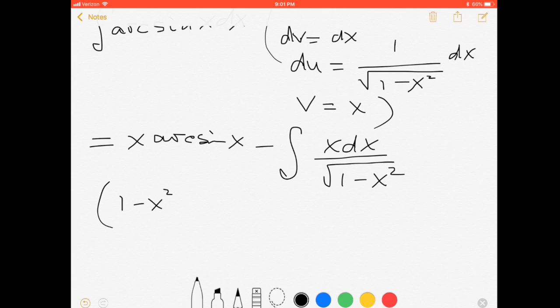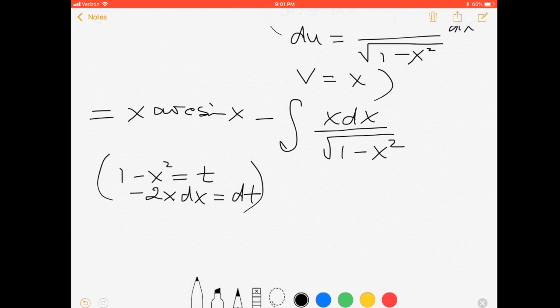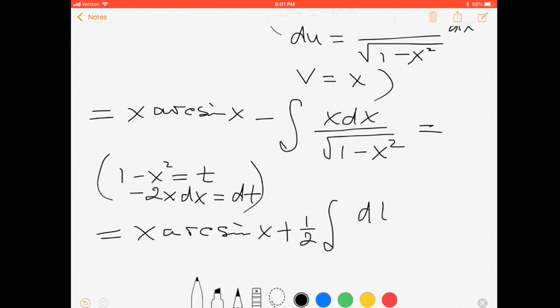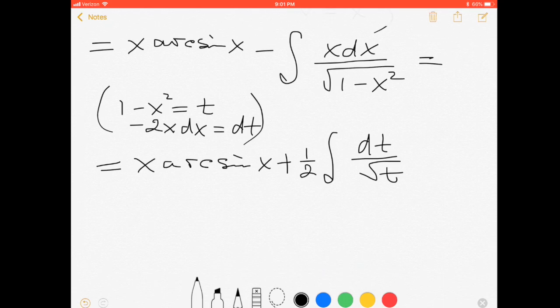For example, 1 minus x squared I substitute with t, minus 2x dx gives me dt, and this means my result will be x arc sine x minus, this will be plus 1/2 integral dt over square root of t. And computing this integral is no problem.